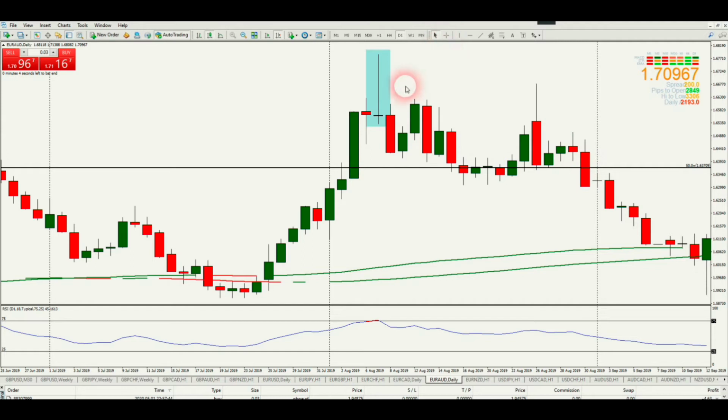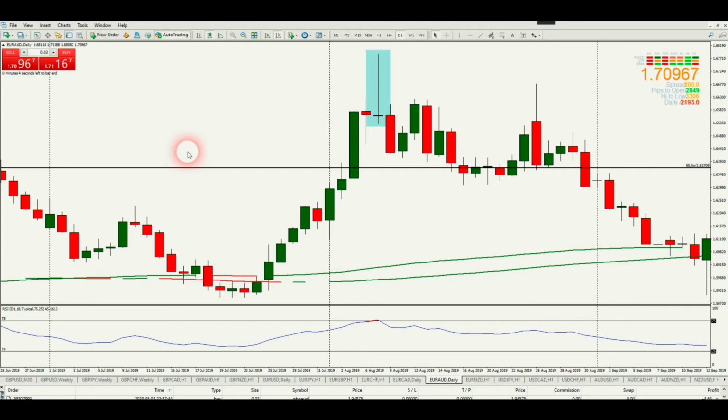Again, had you jumped in here, you're looking at a move of 650 pips. So if at the end of the day you've seen this doji form, it's a fairly good sign that the bulls have left the market and the bears have got it to themselves.